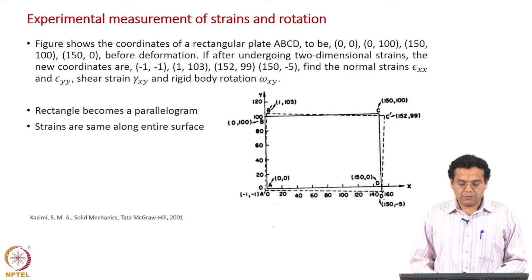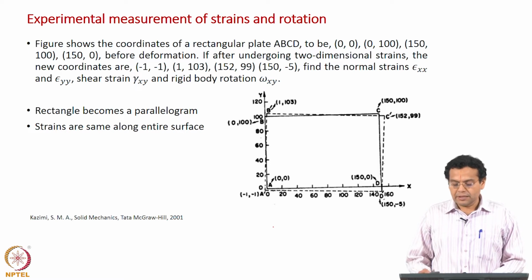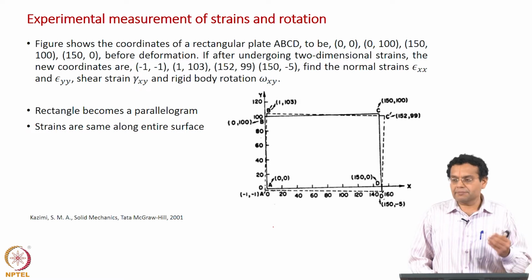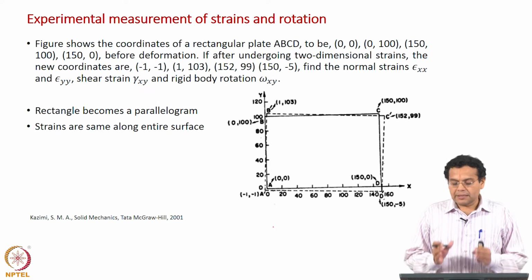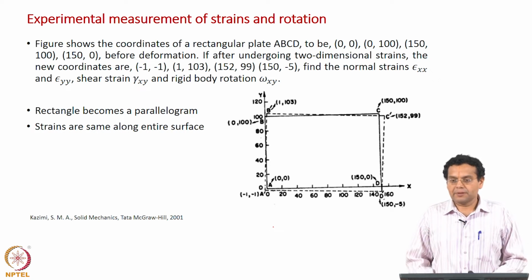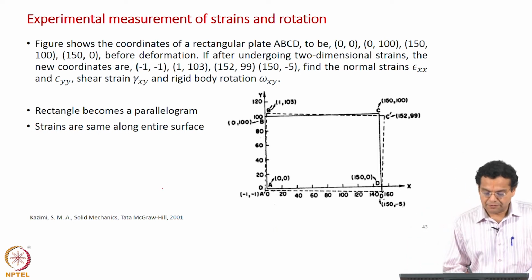Okay. Now, earlier also in another example we made this assumption. The assumption for this particular case is that if you look at the diagram, the rectangle becomes a parallelogram. Okay. And remember, we discussed earlier that lines parallel to the axis remain parallel.